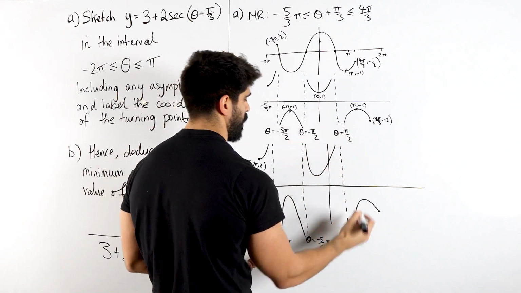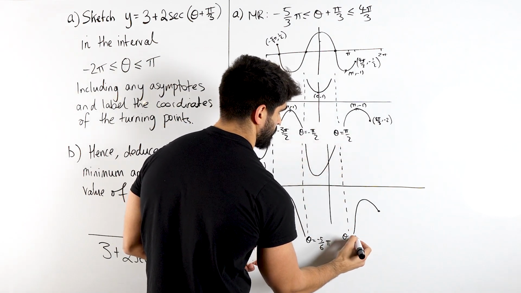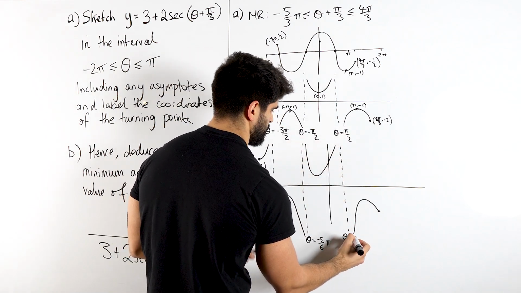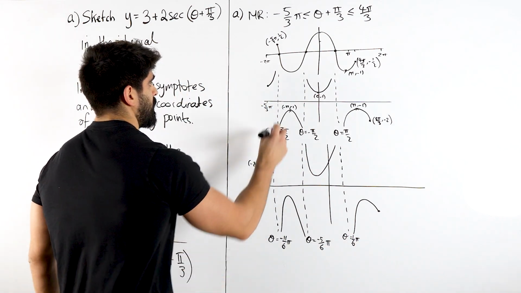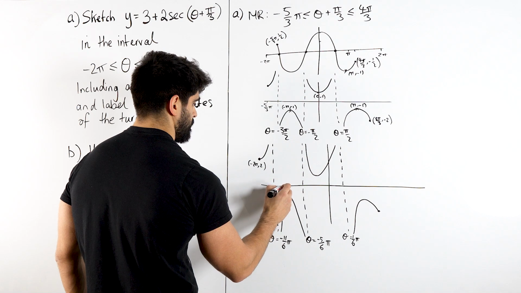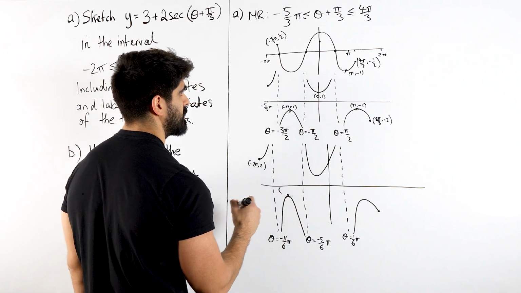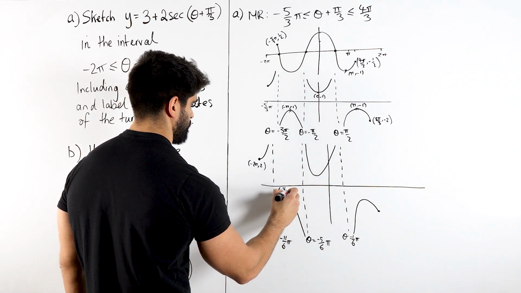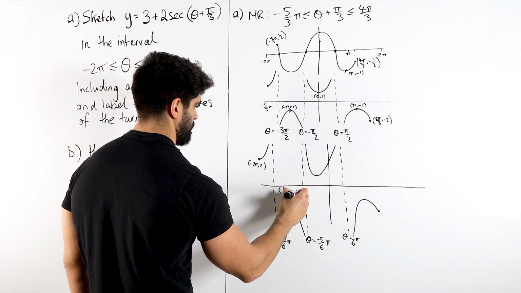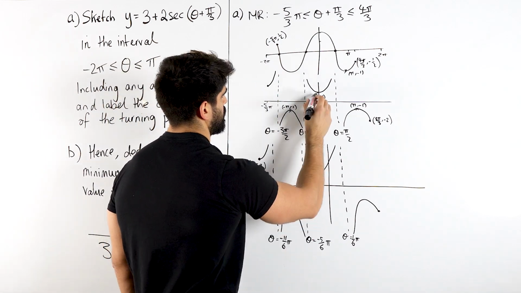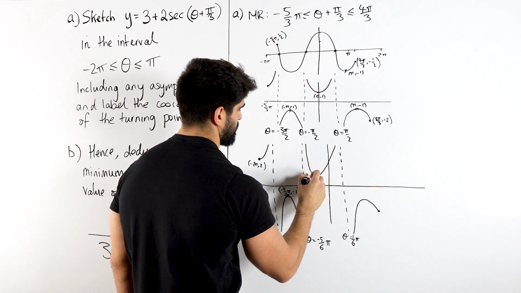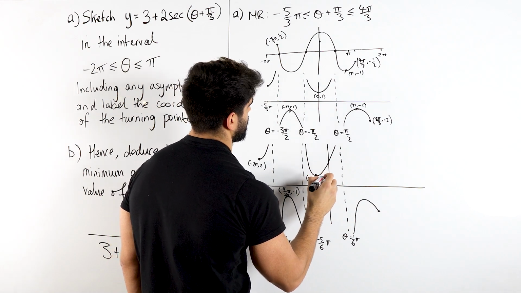Now I know here a half minus pi over 6. A half minus a third is pi over 6, so 6 pi. So here at minus pi, that turning point when we minus pi over 3 is minus 4/3 pi, and minus 1. This here was at 0, but we're now going minus pi over 3 and 1.